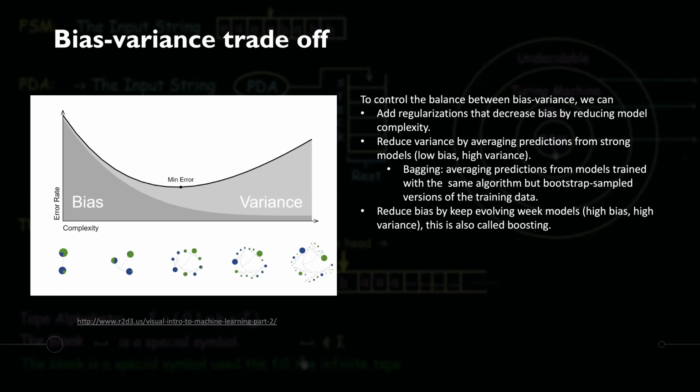So what we are trying to do is find a good point to control the complexity of the model, to make it not too simple, which means it learns too little, and not too complicated, which means it learns too much from the training data. We want a good balance between the bias and the variance.